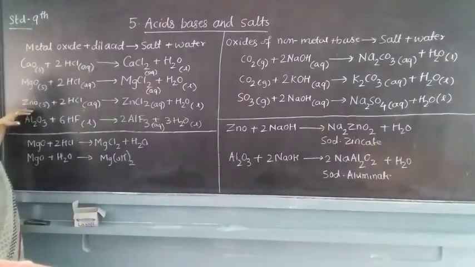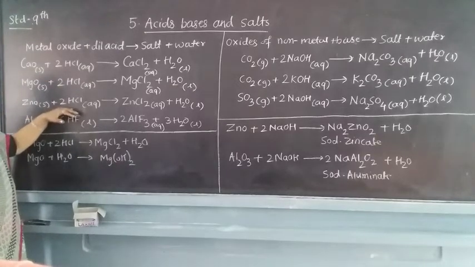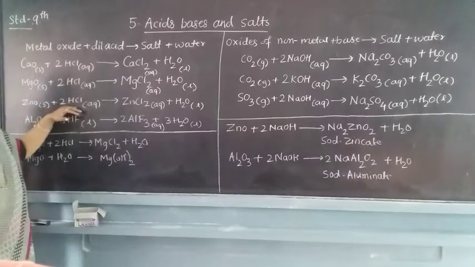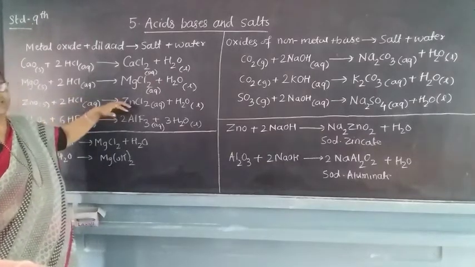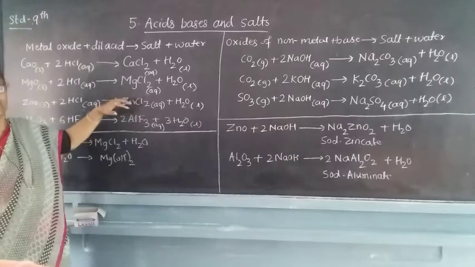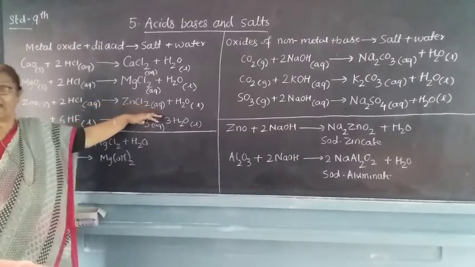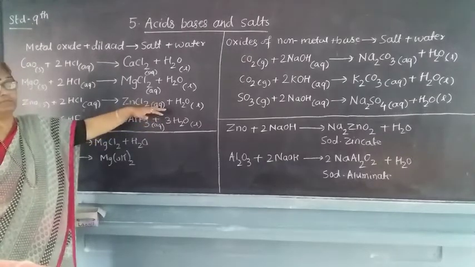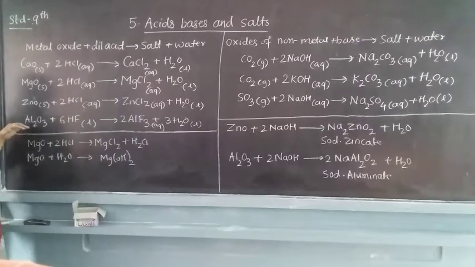Then see ZnO, which is zinc oxide. Zinc oxide when it reacts with dilute HCl, or aqueous HCl, gives ZnCl2, which is zinc chloride in the aqueous form, plus H2O, which is a liquid. The next reaction follows.